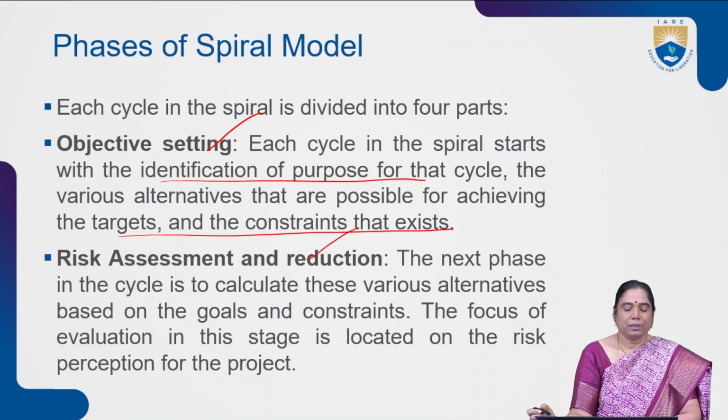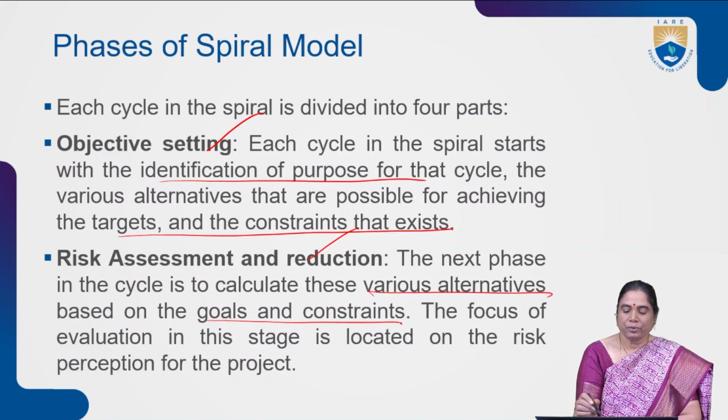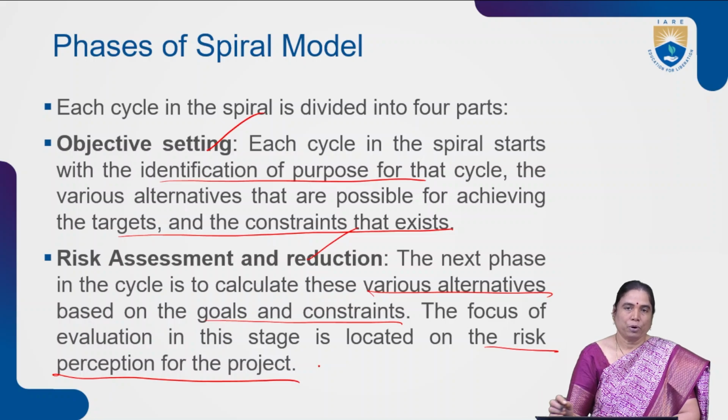The next phase in the cycle is to evaluate the various alternatives based on the goals and constraints. The focus of evaluation in this stage is on risk perception of the project.